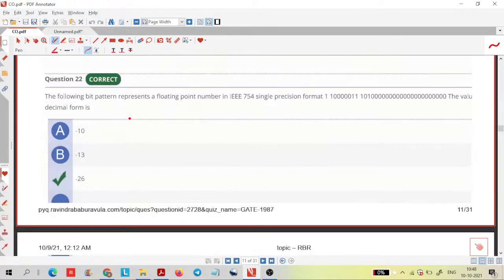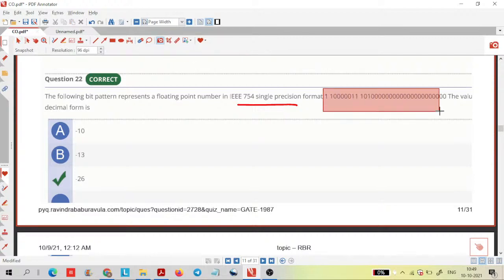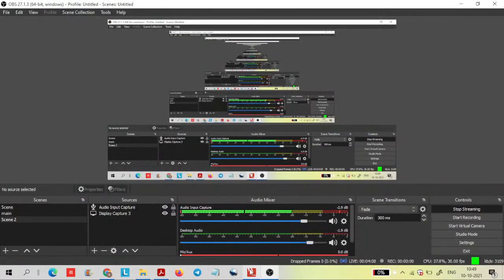Here is a previous year question. The following bit pattern represents a floating point number in the IEEE 754 single precision format, and the value is 26.